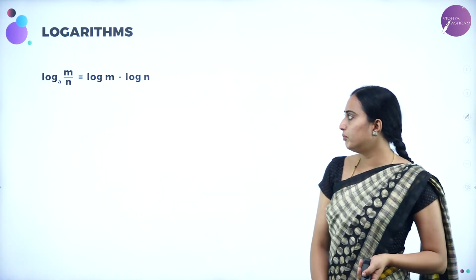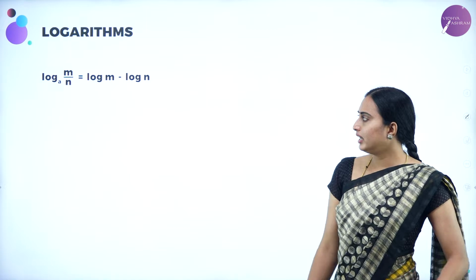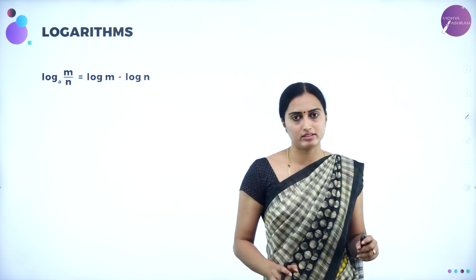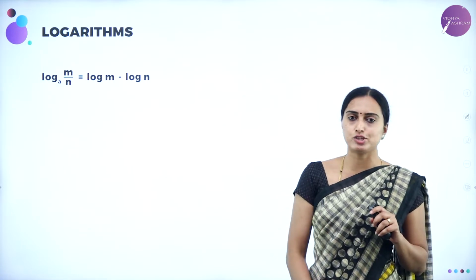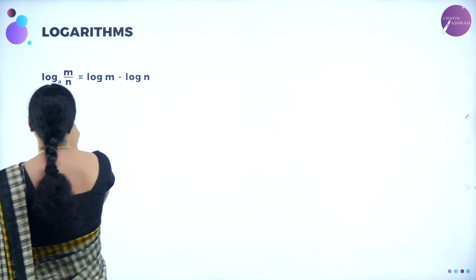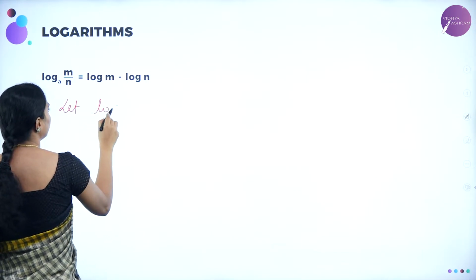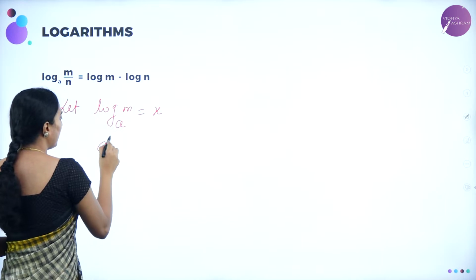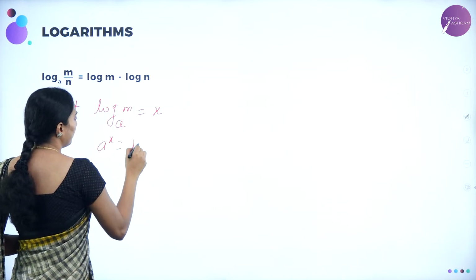Okay, next we'll be moving on to log m by n to the base a, which can be written as log m minus log n. That is log m to base a minus log n to base a. Let me prove this property. Let log m to base a be equal to x. Therefore, a power x is equal to m.